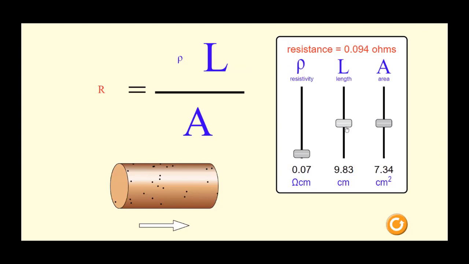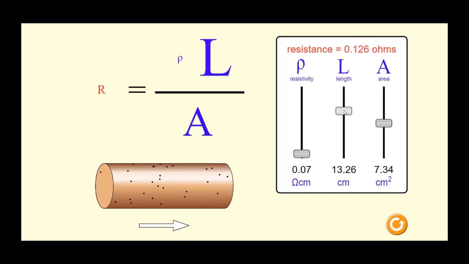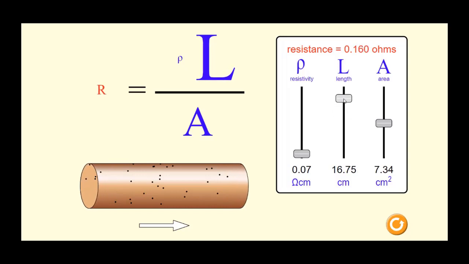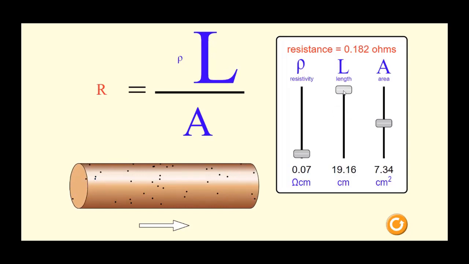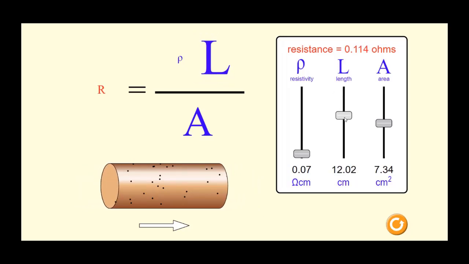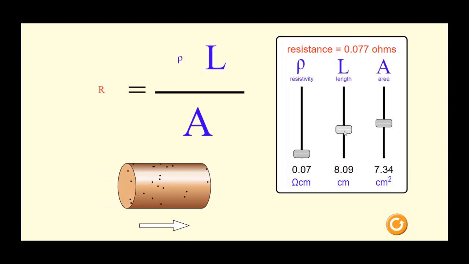For a given length, the resistance changes. So if I have a section that's a half inch and it has a certain resistance, say 10 ohms, if it's 1 inch, it's got twice the length, it's going to have twice the resistance. So you can see here that as the length goes up, so does the resistance, and if the length goes down, the resistance goes down.